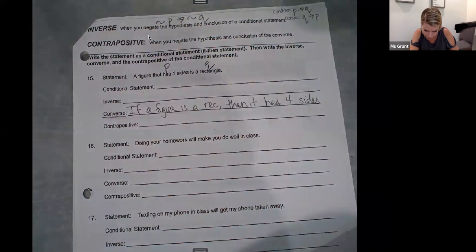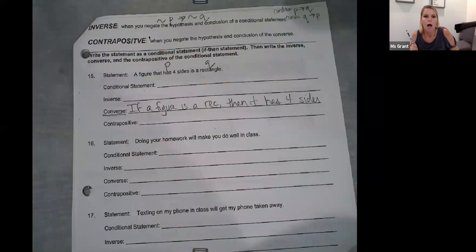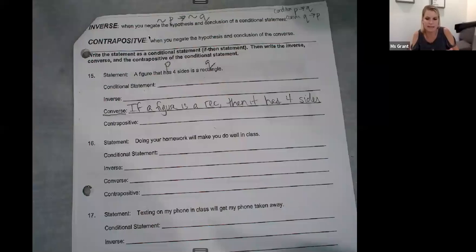So every time we do converse, we have to put if? Yes. If and then are the expected ways for you to write these sentences. That's part of the process for logic.